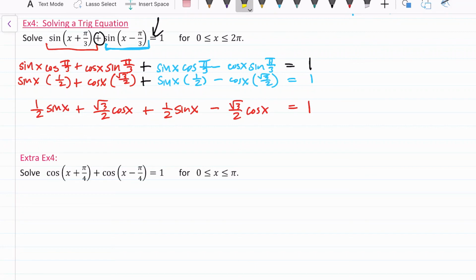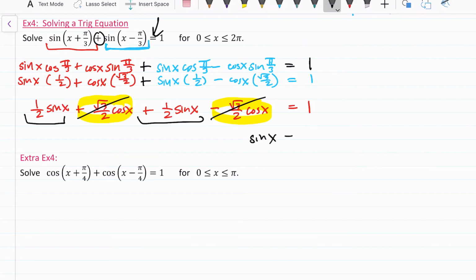These two values right here are going to cancel. One's plus and one's minus. The next two, we'll add these two together. 1/2 sine x plus 1/2 sine x just gives me 1 sine x, which is equal to 1.